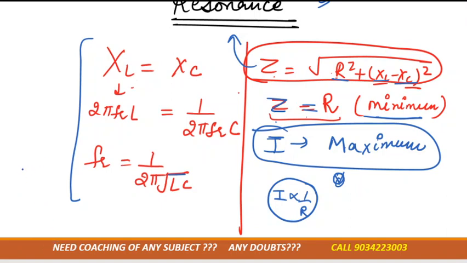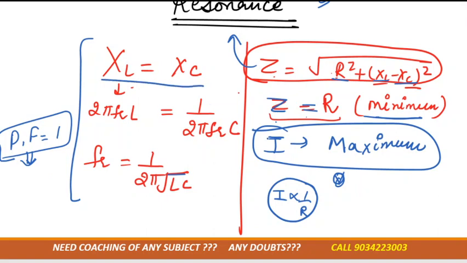In this case, is the power factor unity or not? If Z is equal to R, then what is the value of power factor in the case of resonance? Unity power factor is the ideal power factor, right? There are some disadvantages and some advantages. The advantage is that in this case power factor is unity, which is good for us.